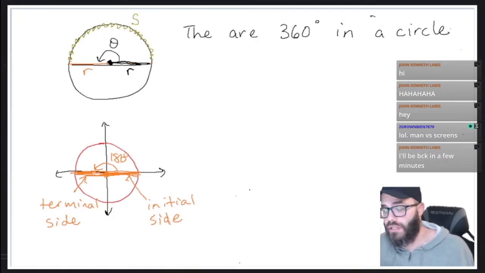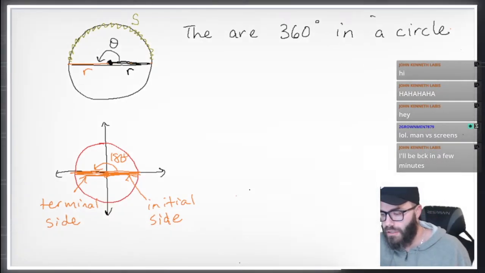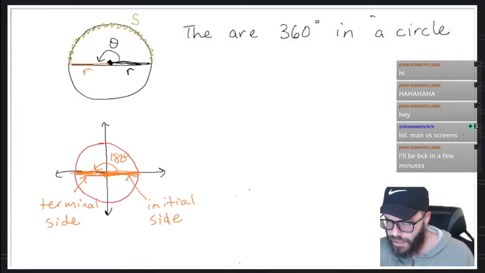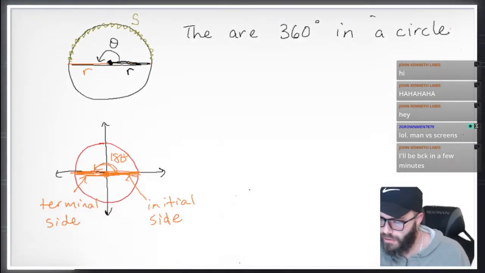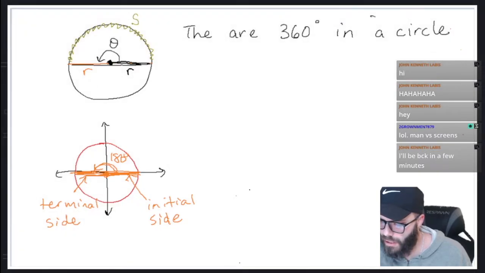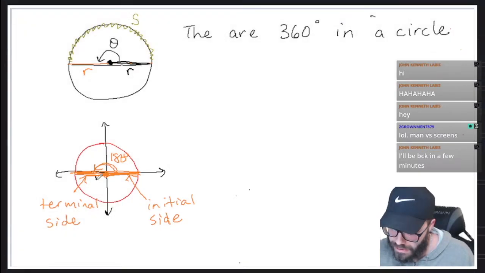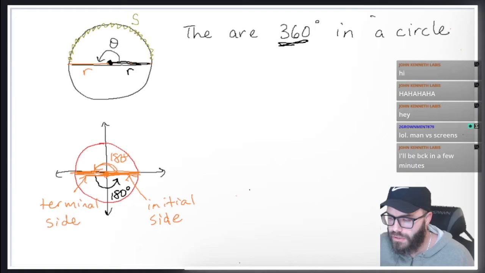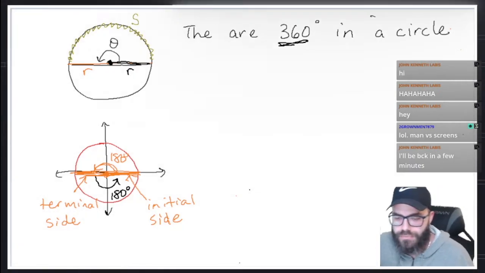That makes sense because in a circle, if you have 180 degrees here, and then this semicircle, another 180 degrees, then you add those together, you get a full circle, 360. So there are 360 degrees in a circle.